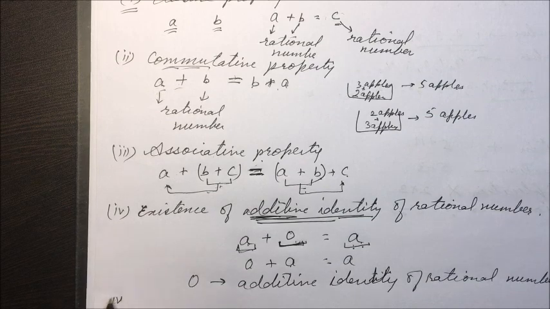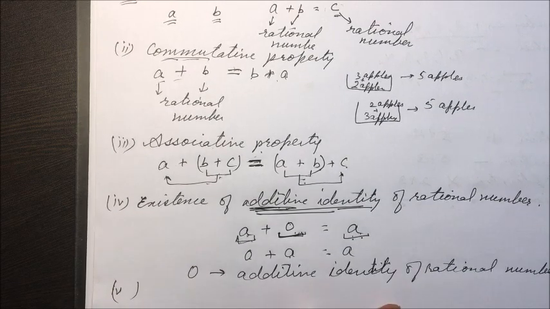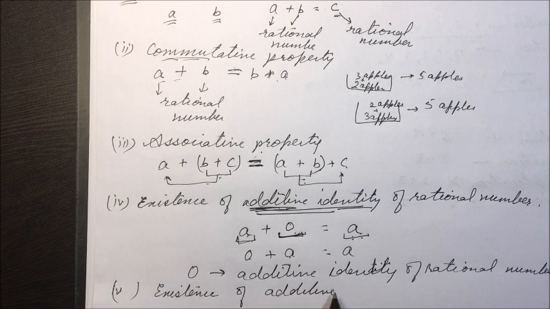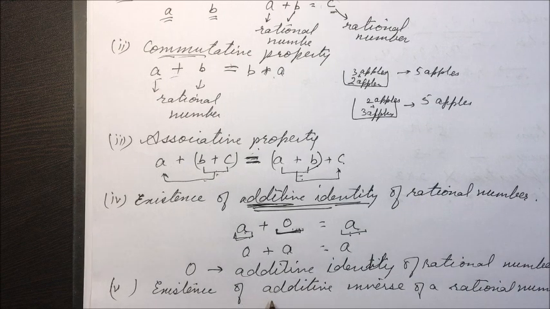Now, existence of additive inverse of a rational number. For example, I am having A. What is to be added to it so that we get 0?